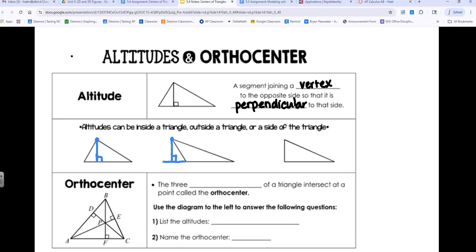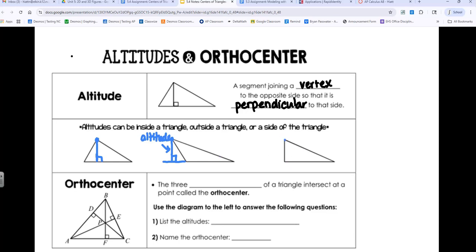So the altitude is on the outside of the triangle there. Another word that sometimes is used for altitude is the height of that triangle. So it's like how high it would sit up off the table if we had that edge on the table there.